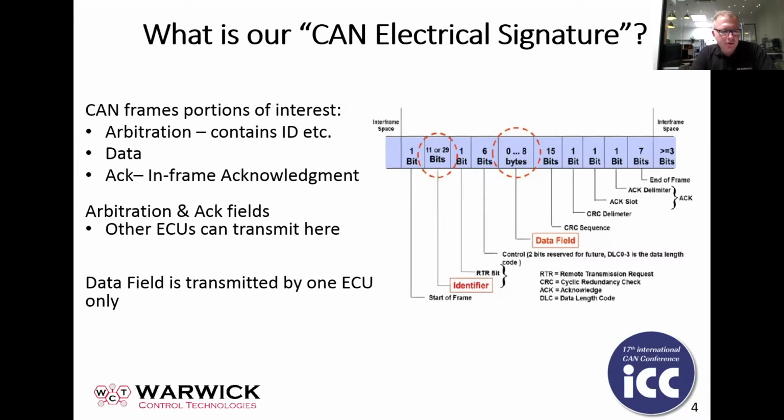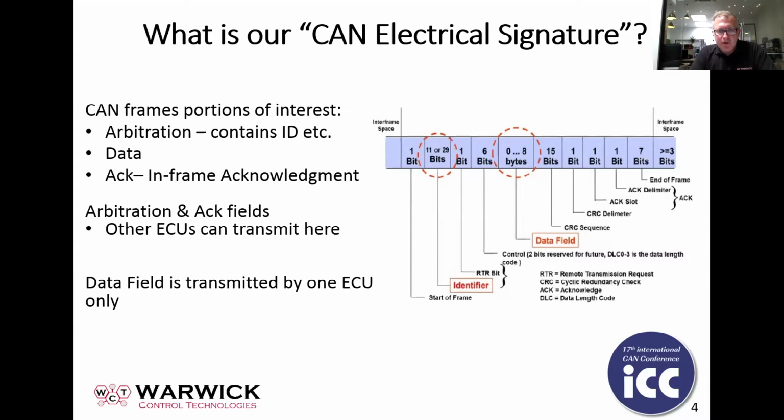What we need for our application is to determine the parts of the frame which are unique to an ECU that is transmitting information. Because we want to use the parts that are unique, in our process we isolate the data field, because the arbitration field or the CAN identifier could be influenced by other nodes on the network due to the arbitration process for access to the network.